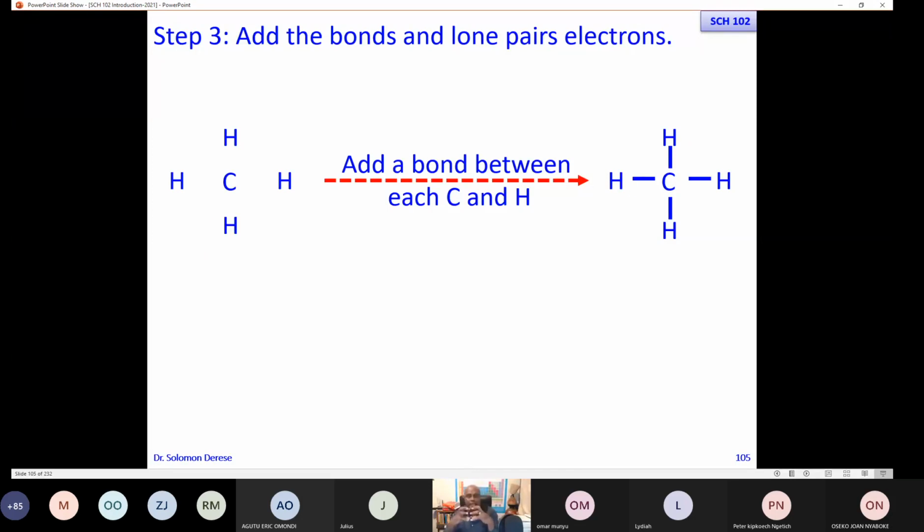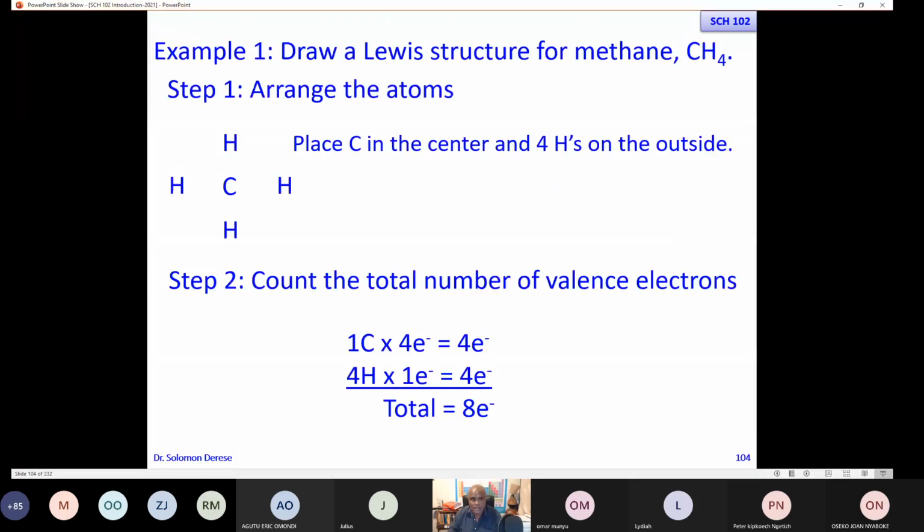Now, how many valence electrons did we have first? We had 8 valence electrons. It is these valence electrons which we are going to use first to form a bond. After you have formed a bond, even before checking the elements, you have to determine if we have used all the 8 valence electrons which we have determined in step 2.